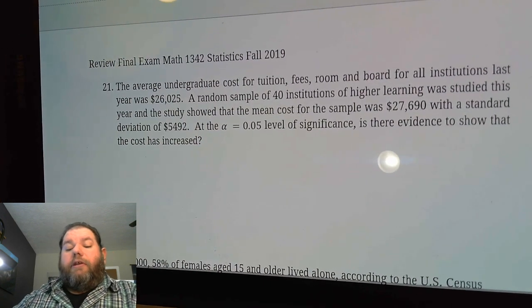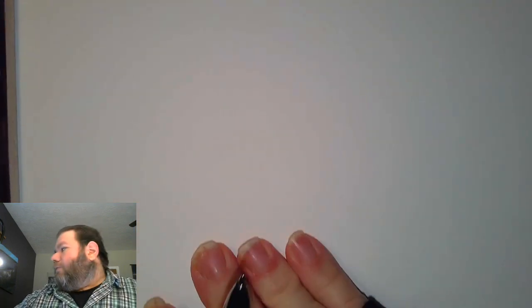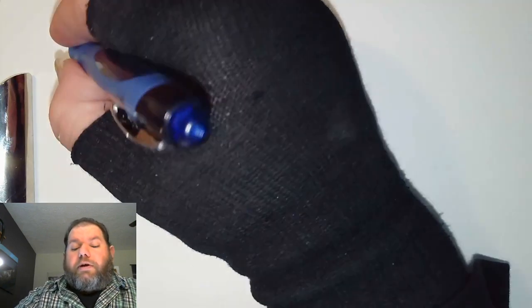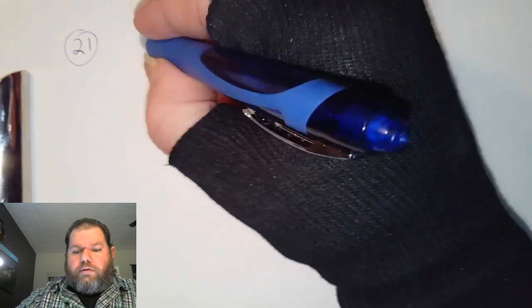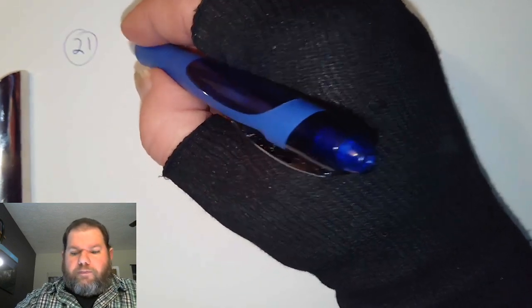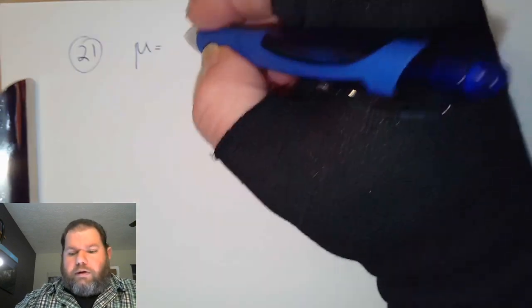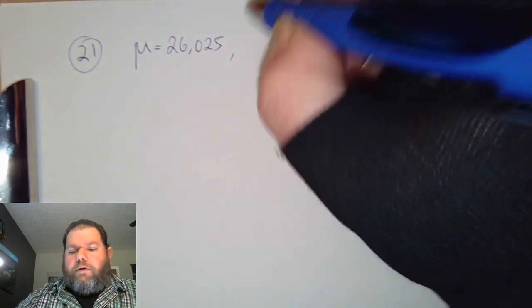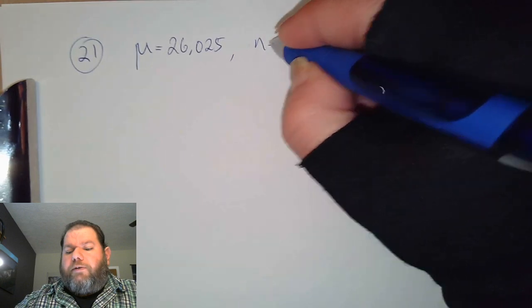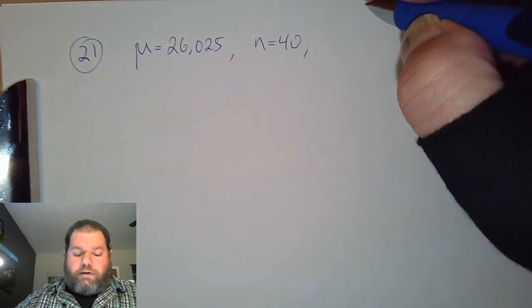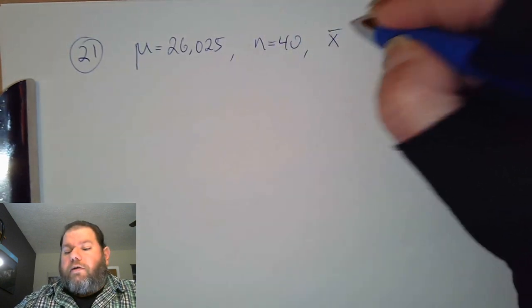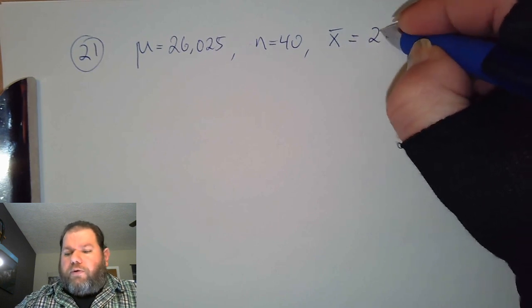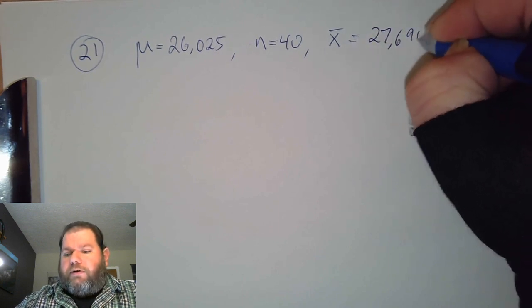So, let's write down our numbers first. It's always step one. Let's make sure we extract our data from the paragraph. So we have mu is 26,025. Sample of 40 institutions, so n is 40. We have sample mean x bar 27,690.